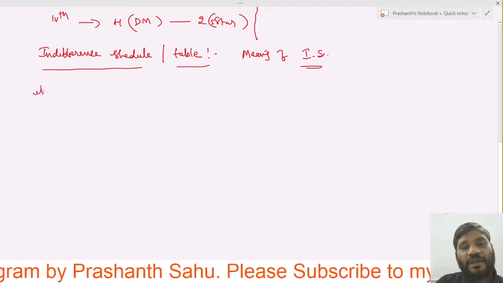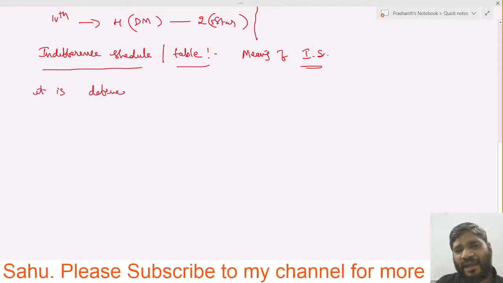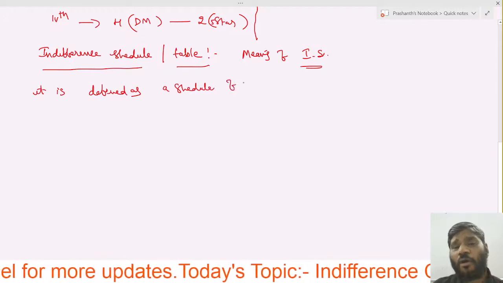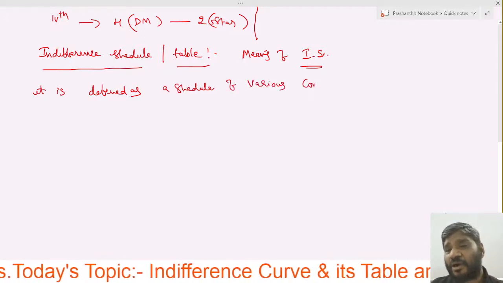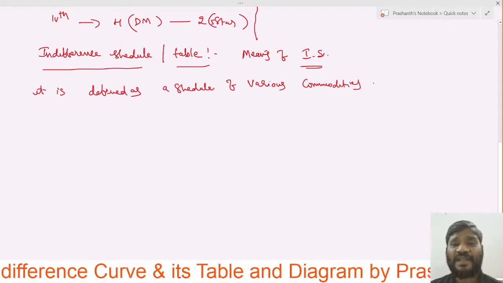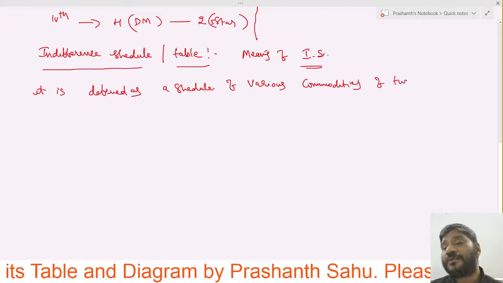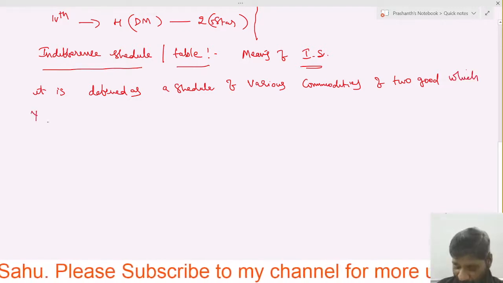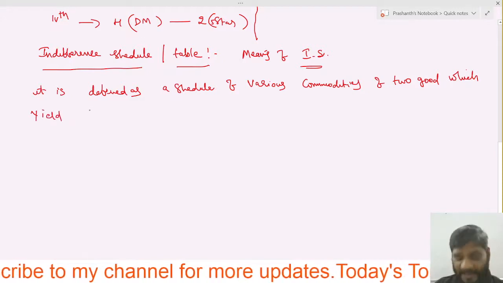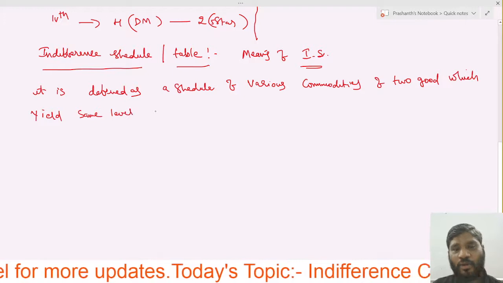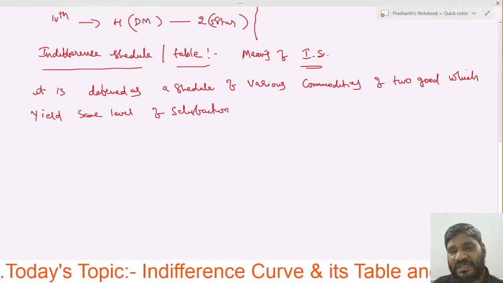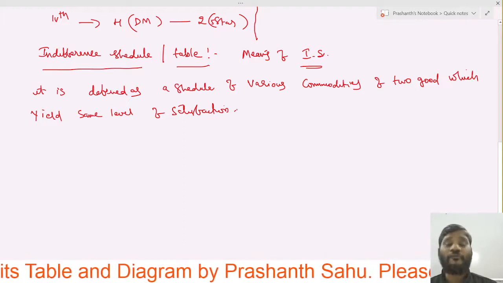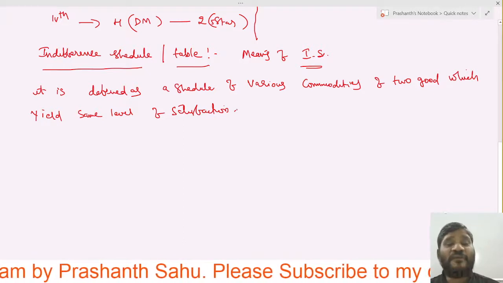It is defined as a schedule of various combinations of two goods which yield the same level of satisfaction.